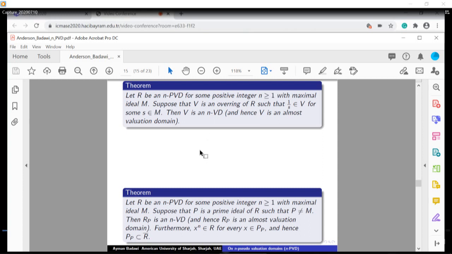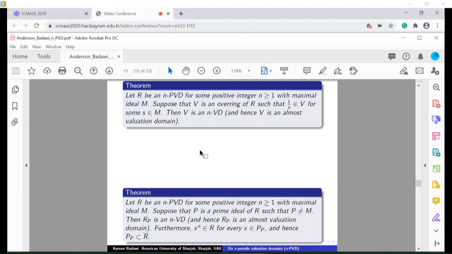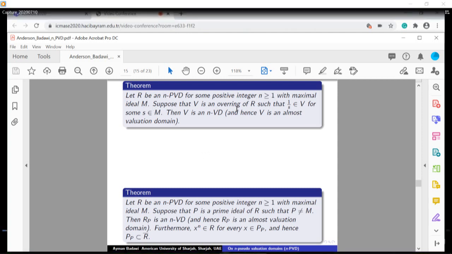It is a ring between R and the quotient field. If you have 1 over s in V for some s in M, M is the maximal ideal of R, then V has to be an n valuation domain.